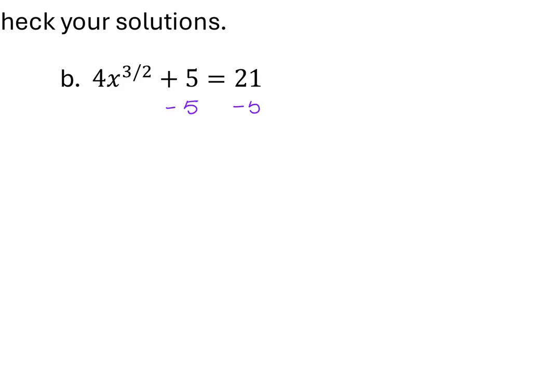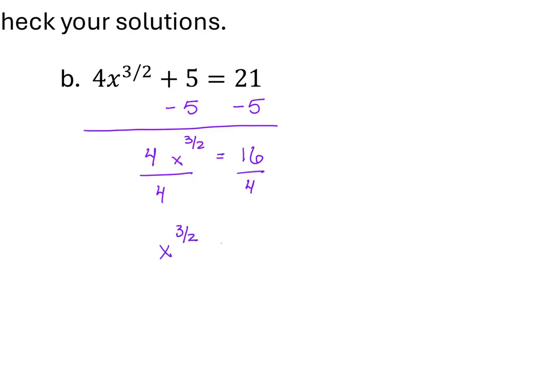I'm going to subtract 5. We get 4x to the 3/2 equals 16. I can divide by 4. And we get x to the 3/2 equals 4.